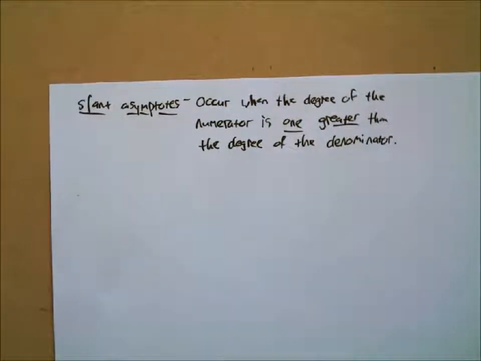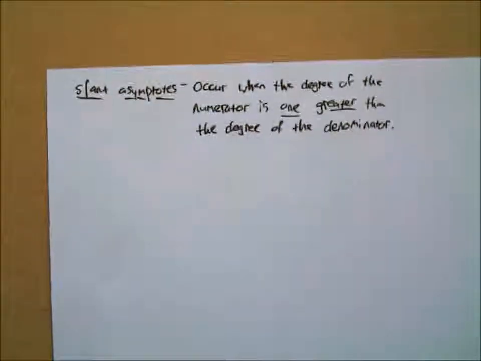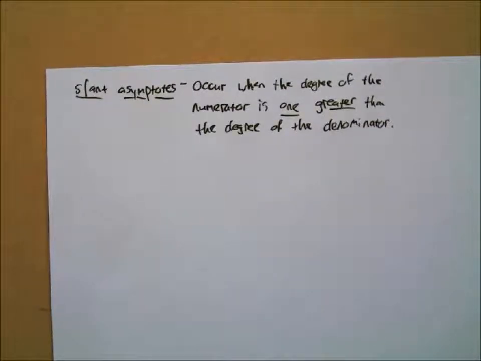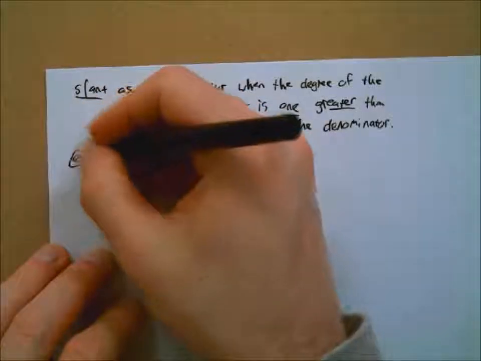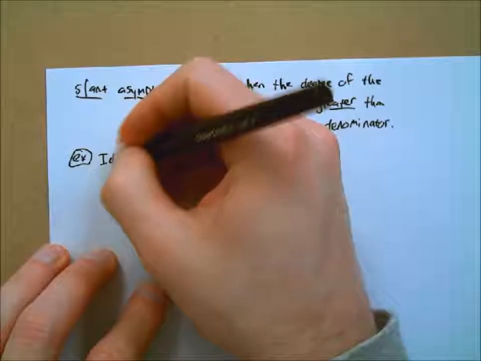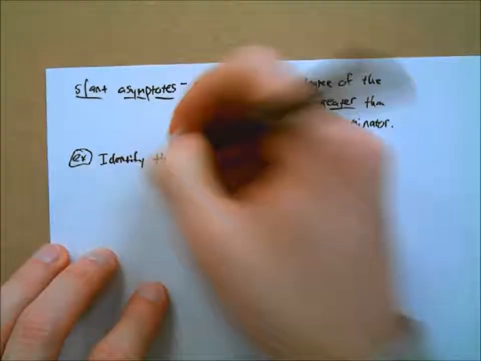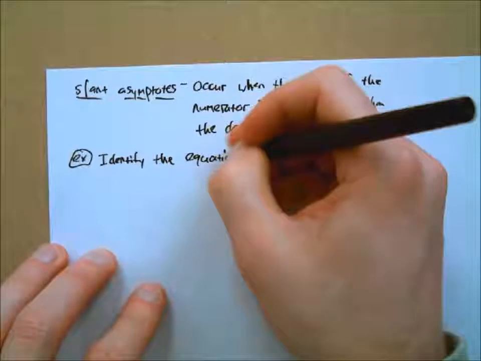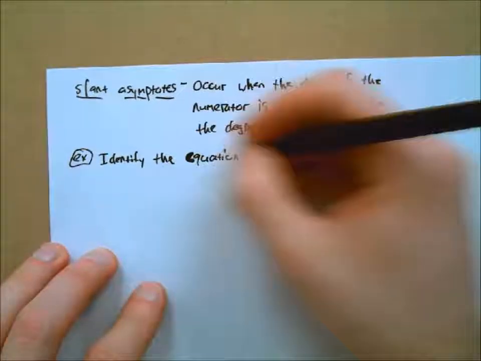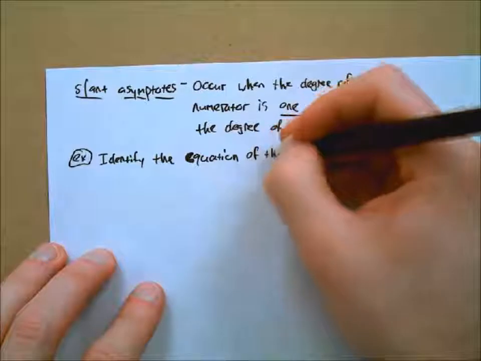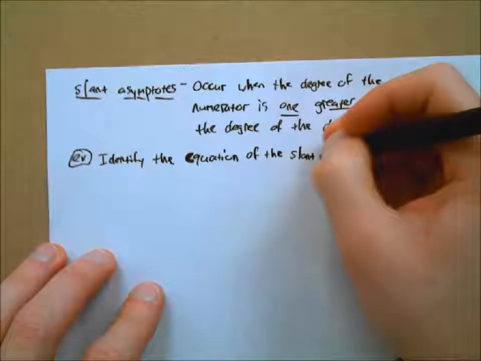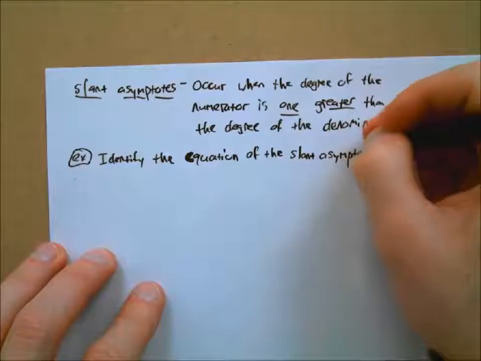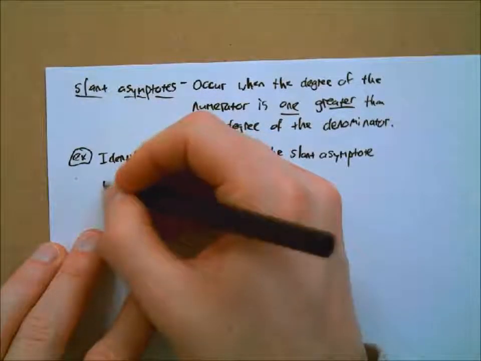We talked about this yesterday, I think. So what we're going to do here, as an example, is identify the equation of the slant asymptote, if it exists.